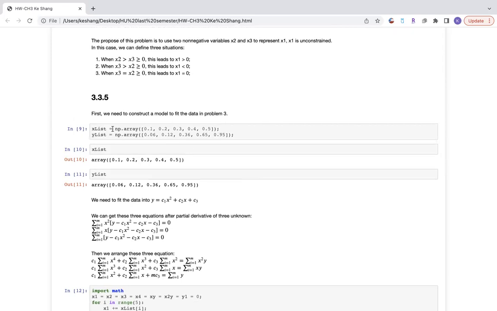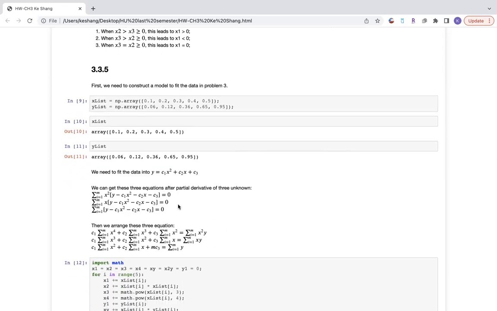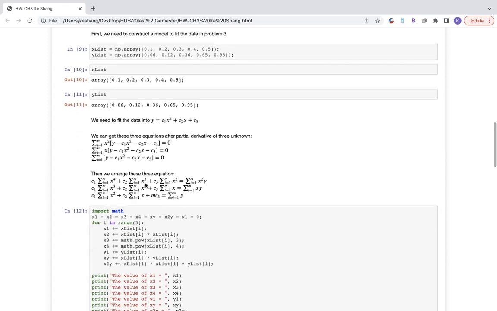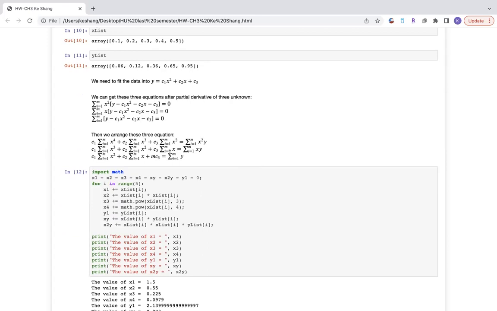First, I also produce two numpy arrays to put all the data in, and we need to fit this equation here. We can use the equation from our book to produce a partial derivative for all three unknown variables, C1, C2, and C3. After we rearrange the variables in the three equations, we get the final equations that we can use to calculate.